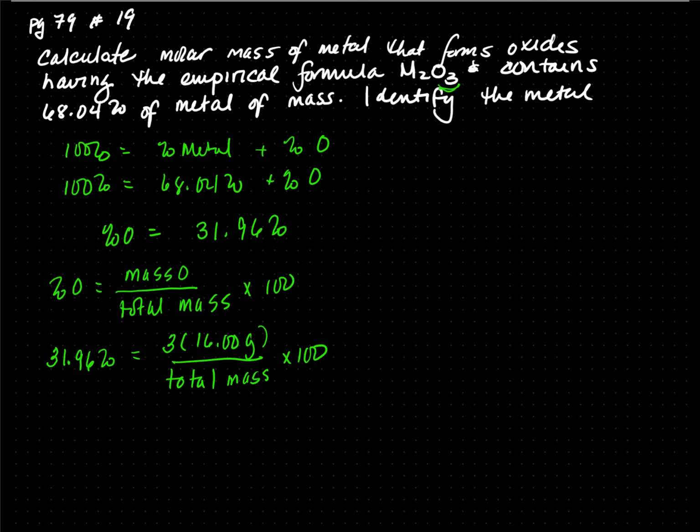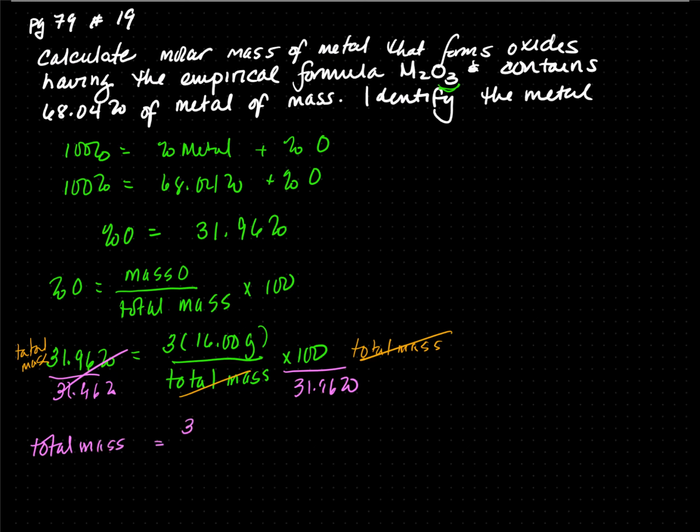I need to multiply by total mass on each side. This cancels out, this cancels out. And since we're doing math, we need to do the same thing on that side. Since we want to isolate total mass, we need to divide both sides by 31.96%.